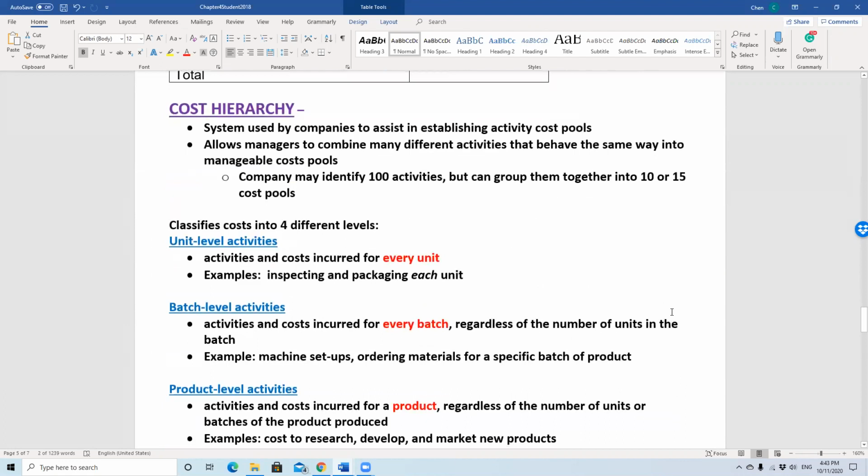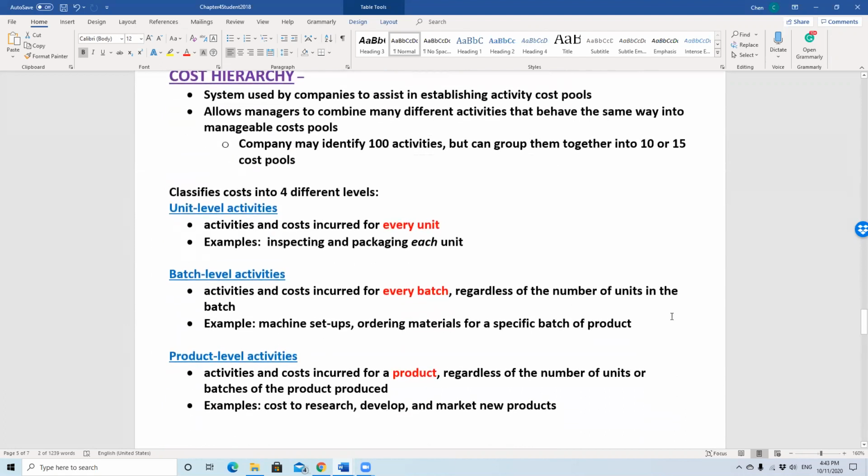Okay, so the cost hierarchy is also a way to help you do activity-based costing. If you are working in a company as a managerial accountant, you have to know that there are different levels of costs that we can classify. We have unit level, batch level, and product level.